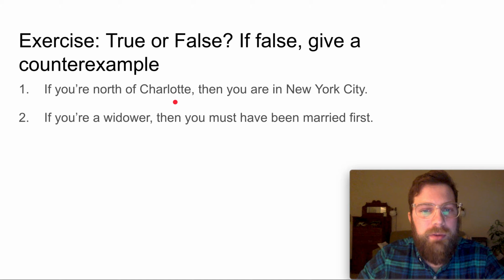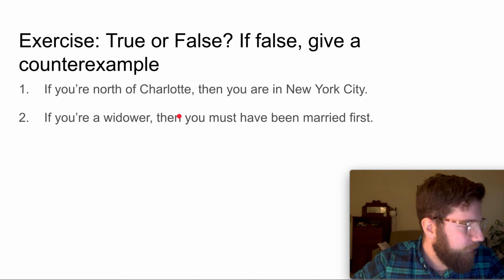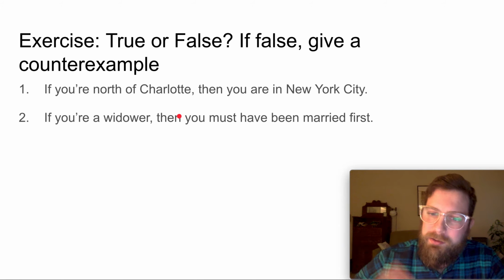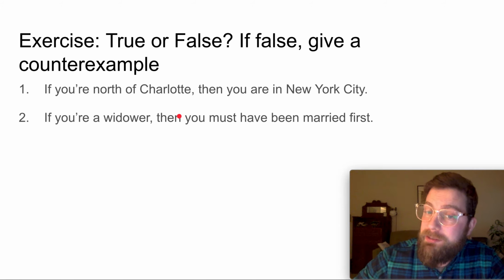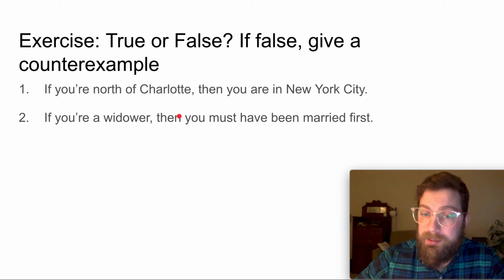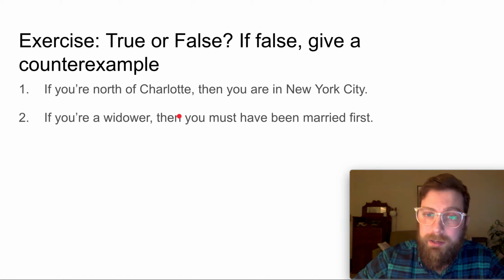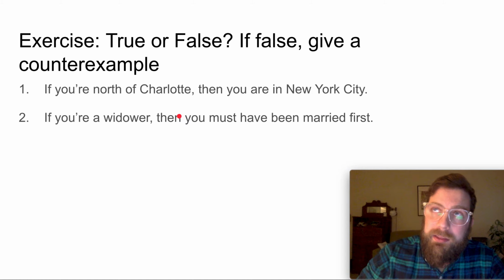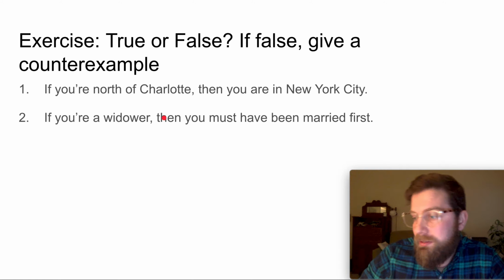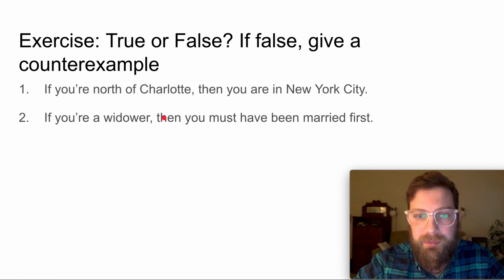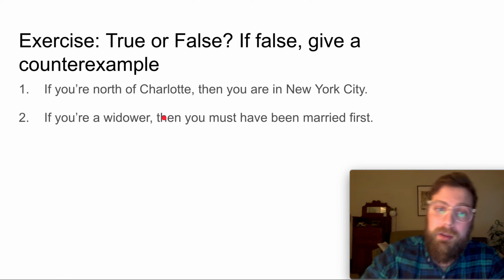Here's another one. If you are a widower, then you must have been married first. Well, you have to know what the concept widower means, right? A widower is a man whose spouse has died, right? But then we think, okay, well, it's impossible to be a widower unless you had a spouse, and you can only have a spouse if you have been married at some point in your life, right?